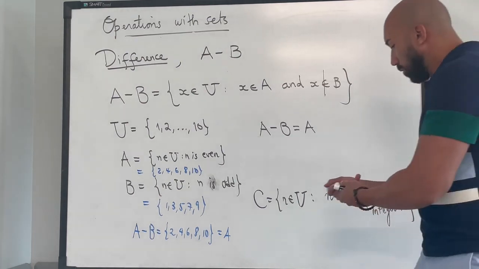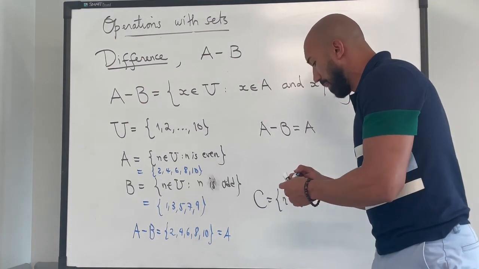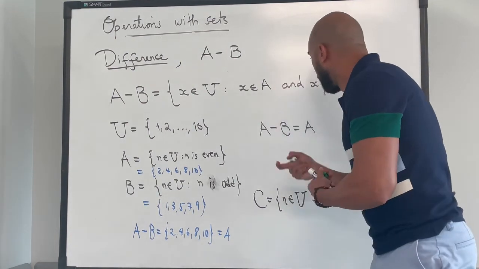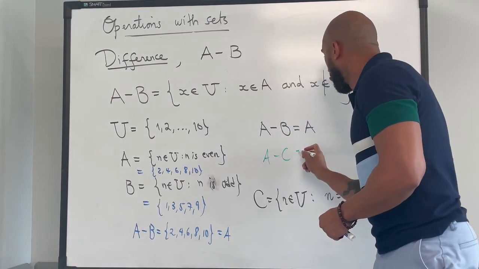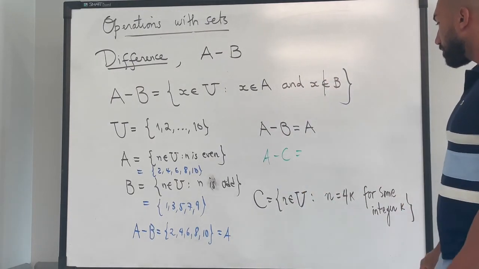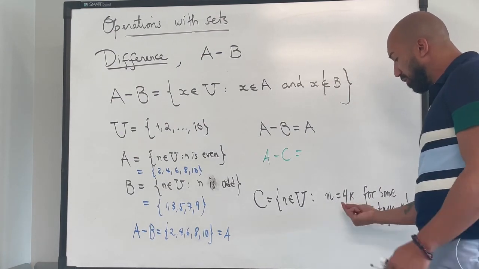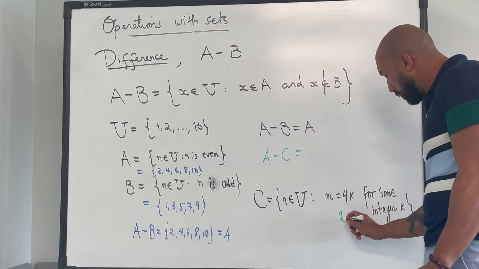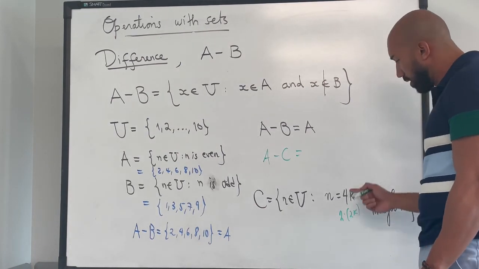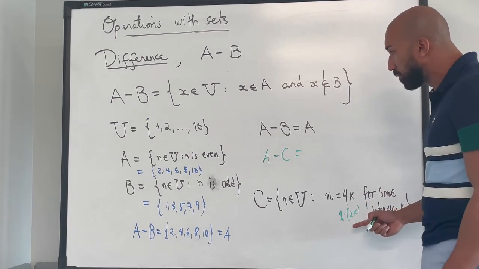Now we want to compute A minus C. Well, every multiple of 4 is even, because we can write this as 2 times 2k. So every multiple of 4 is also a multiple of 2.